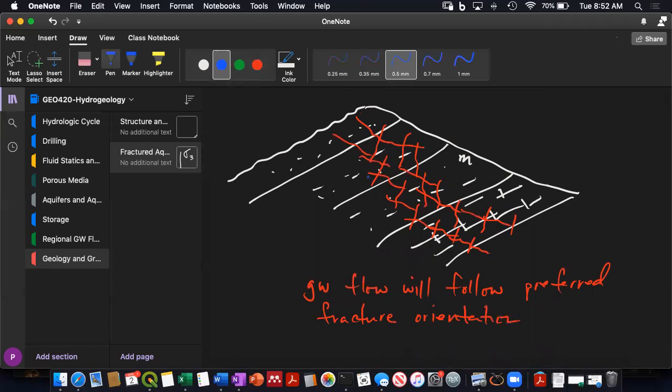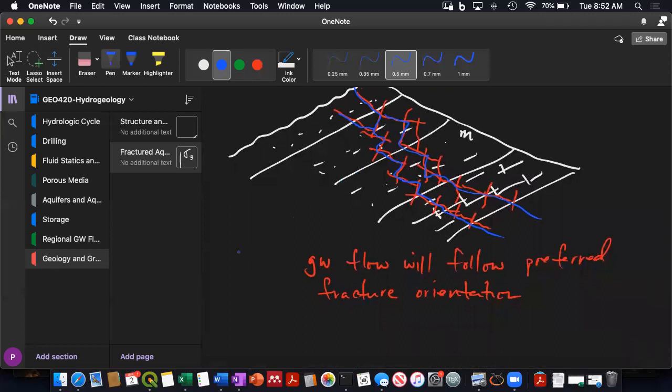In general, the groundwater moves along these fracture networks. Some key things that control the groundwater flow are the fracture orientation and the connectivity.